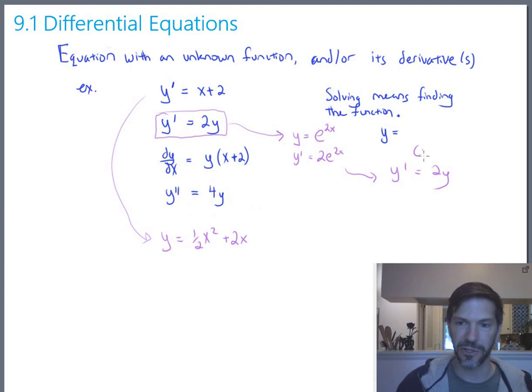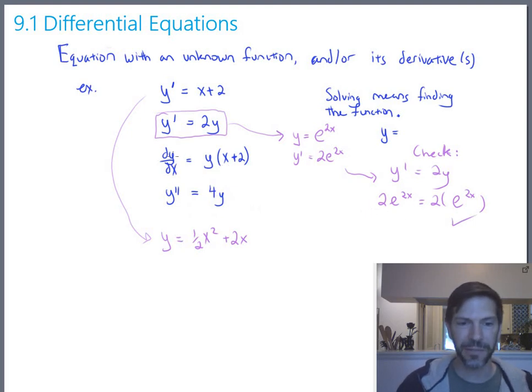So here's our check. We're checking our solution. Filling in y prime with the derivative of my y would give me 2e to the 2x, and that equals, hopefully, 2 times y. You can see that, yeah, it does indeed check.